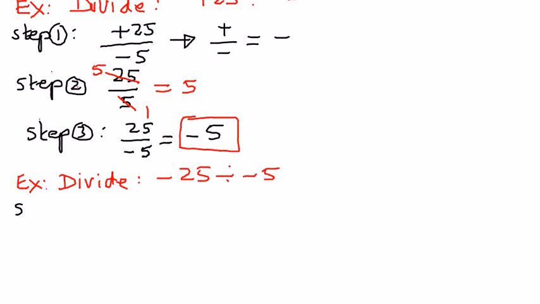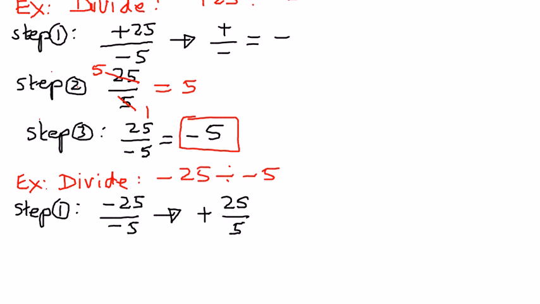So as step number 1, we say negative 25 divided by negative 5. Negative divided by negative is a positive. 25 divided by 5. 25 goes into 5 times. 5 times 1 is 5. 5 times 5 is 25. Therefore, we are left with positive 5.